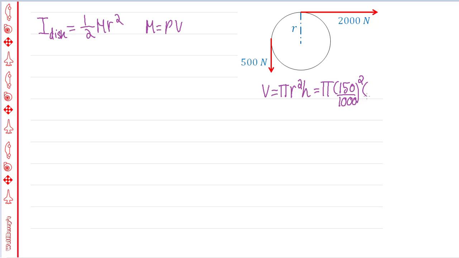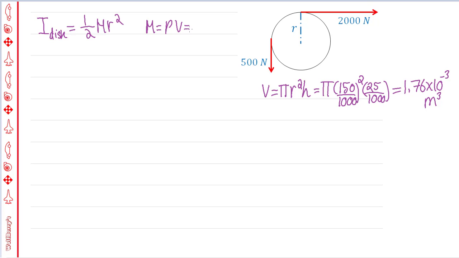In this case, the height will be the thickness, which is 25 divided by 1000. Now, this gives you a volume of 1.76 times 10 to the minus 3 meters cubed.